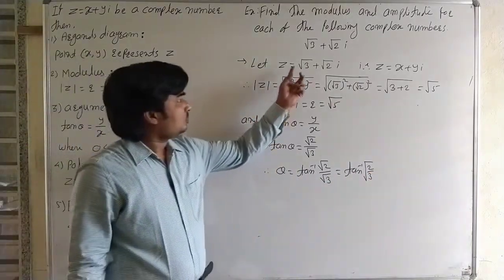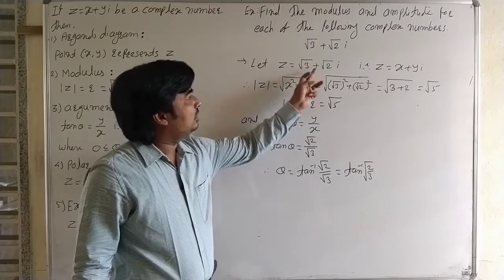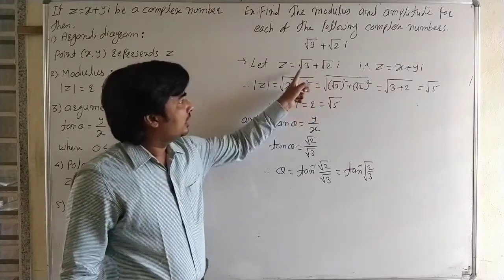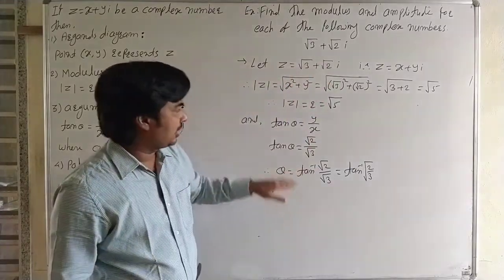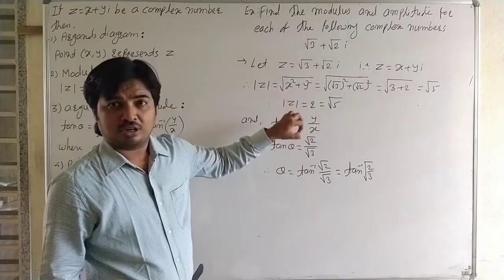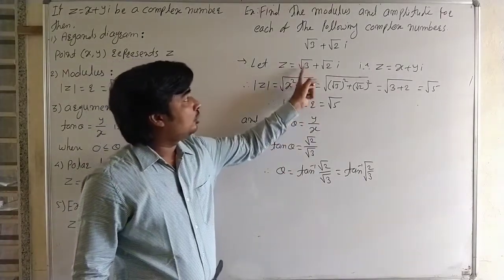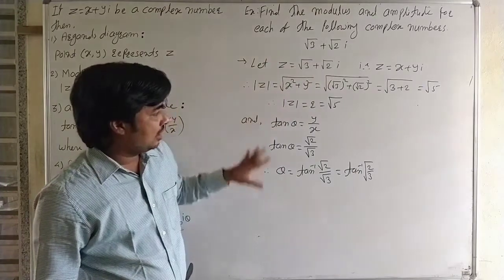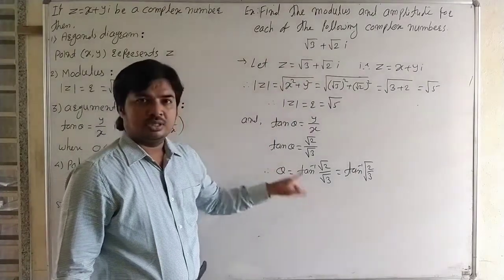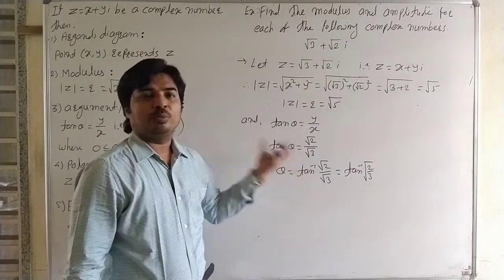Here the point under root 3 plus under root 2i, both are positive. Therefore the point lie in the first quadrant. Therefore theta is in between 0 to pi by 2.